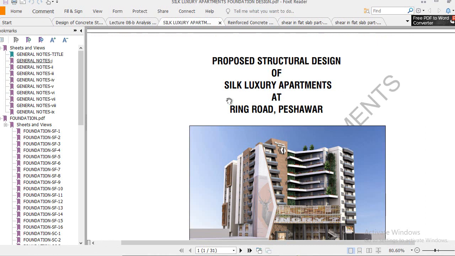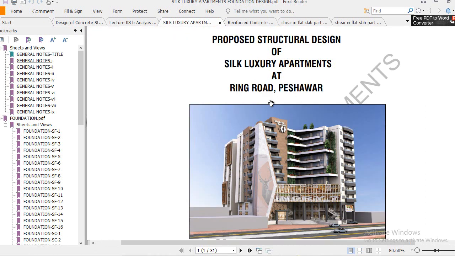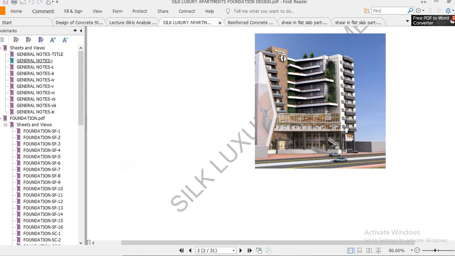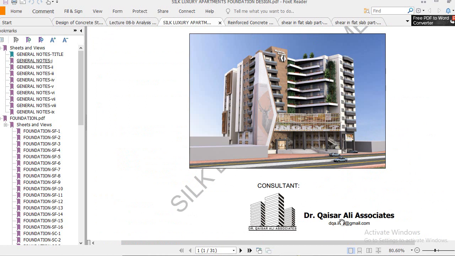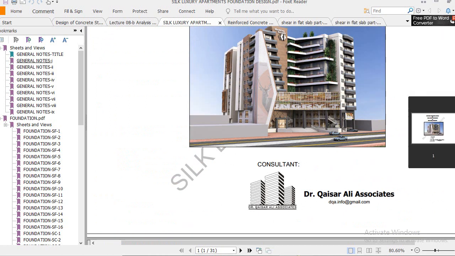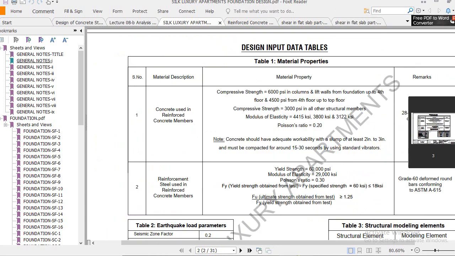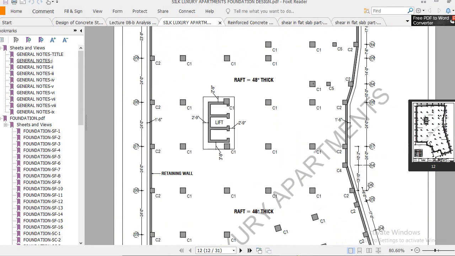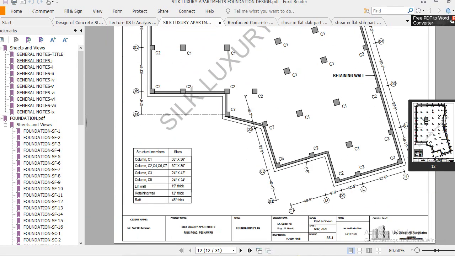You see this Silk luxury apartment location. This is a new construction which is in progress, okay, on Ring Road, Peshawar. And you see this is designed by Professor Dr. Kaisar Ali, okay. And the beauty of this design, you will see here, is that they are basically providing these interior columns.